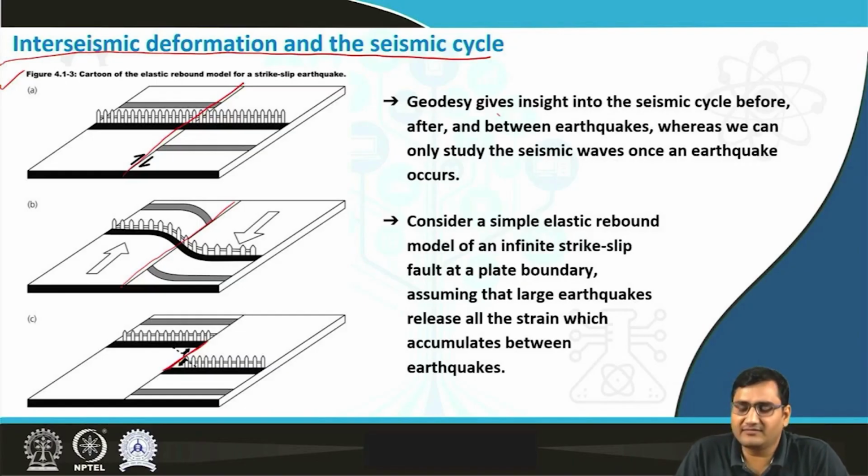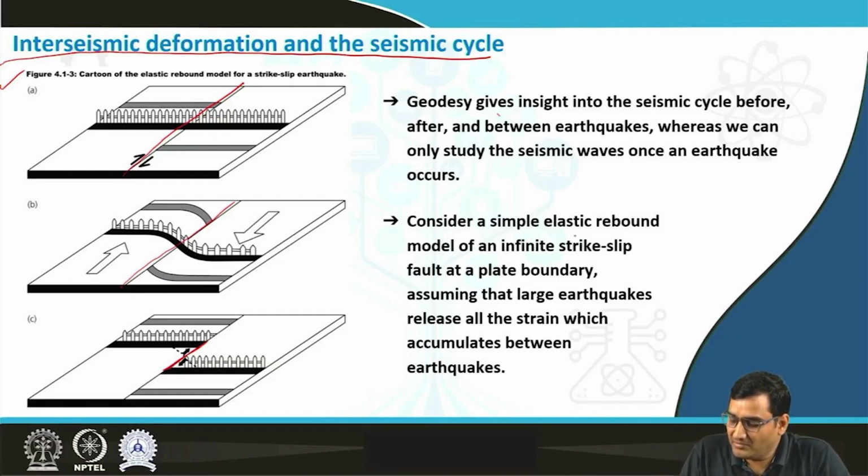This tells us that seismic waves have some drawbacks. Seismic waves will only be generated when the earthquake is occurring. But geodesy gives us insight into the rupture process, the faulting process, even before the earthquake happens, after it happens, and in between the earthquakes of the seismic cycle.